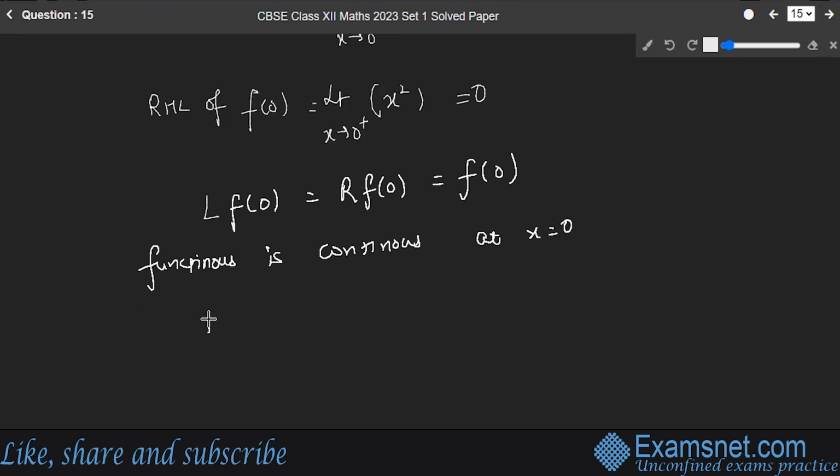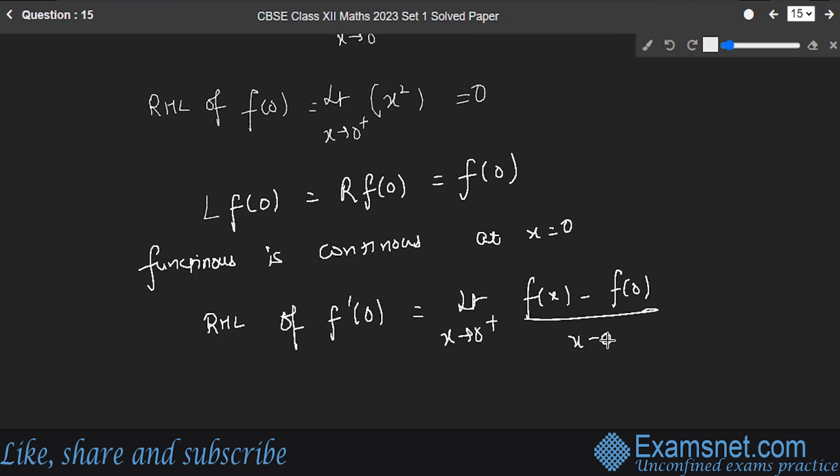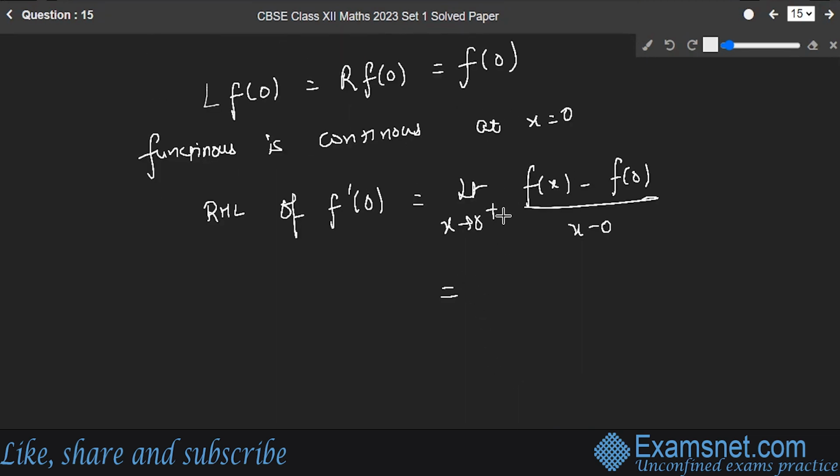Now, let's find the right hand limit of f dash 0. This will be given by the limit as x approaches 0 plus of f of x minus f of 0 divided by x minus 0. So when it is approaching 0 plus, the positive value of x square will be taken. So this is x square minus 0 upon x.